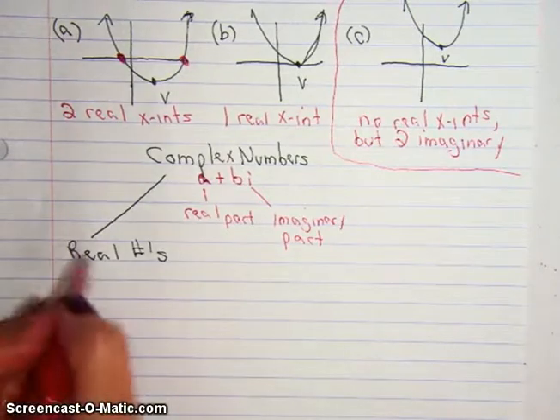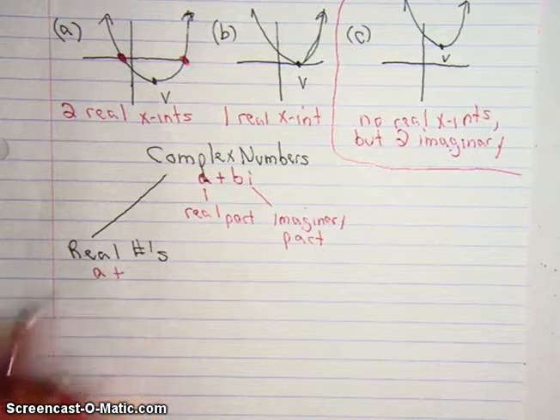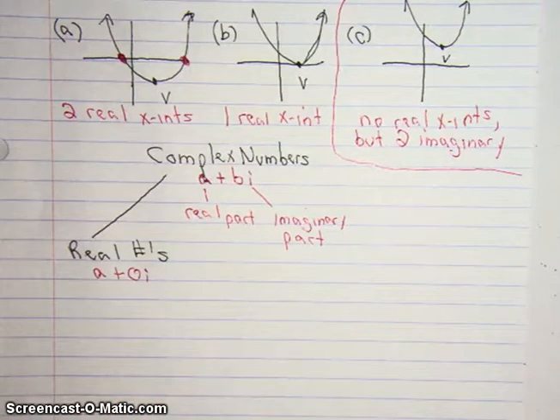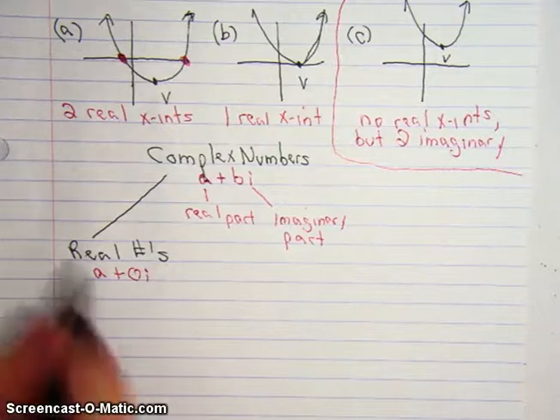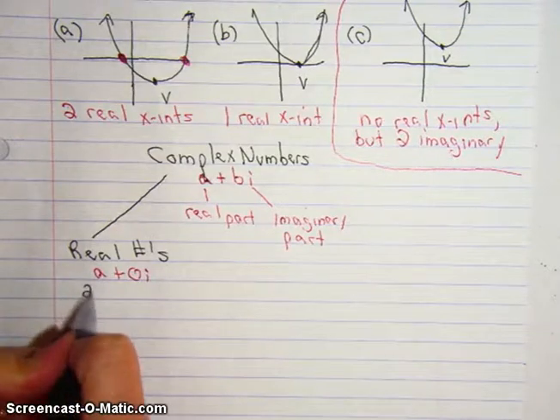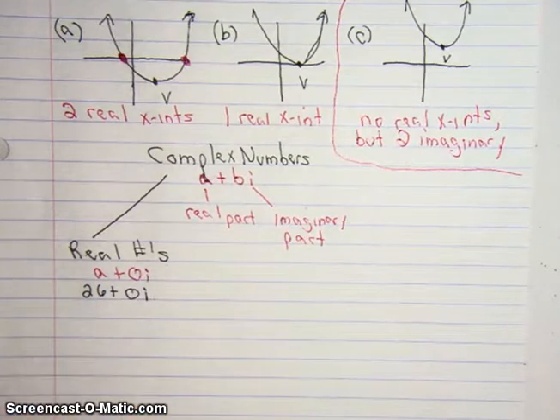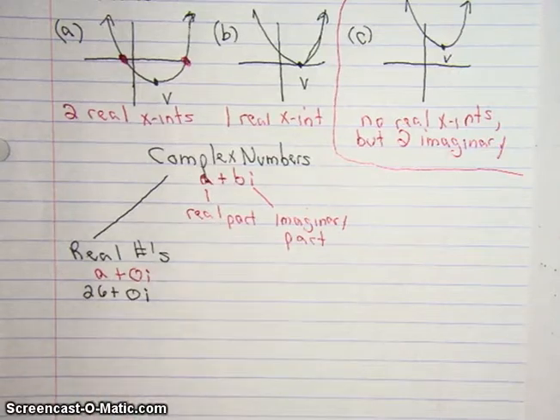It looks like this: a plus 0i. So throw any number at me. 26. 26 can be written as 26 plus 0i, and you have taken 26 and written it in complex form. There's no imaginary part, there's just a real part. Does that make sense so far?